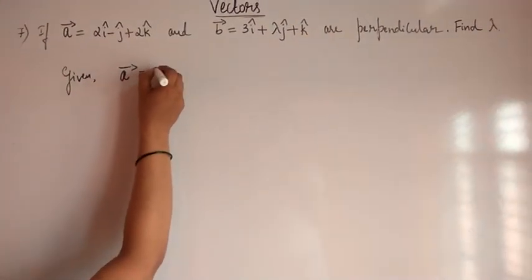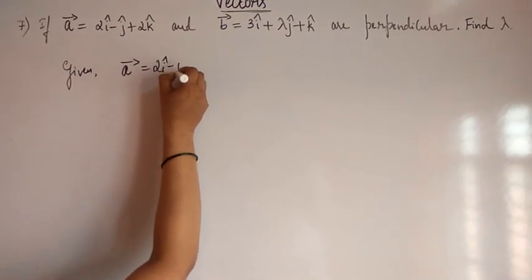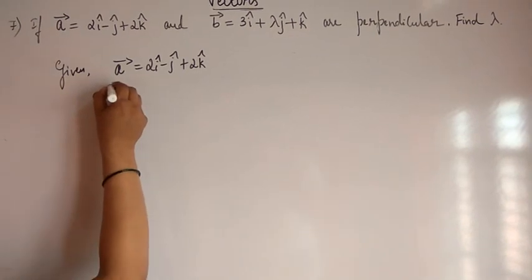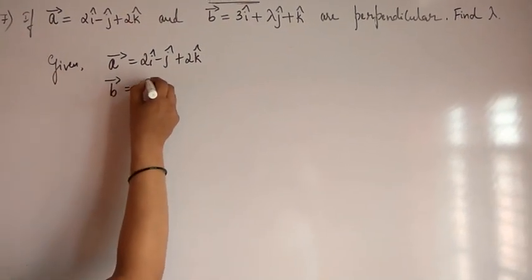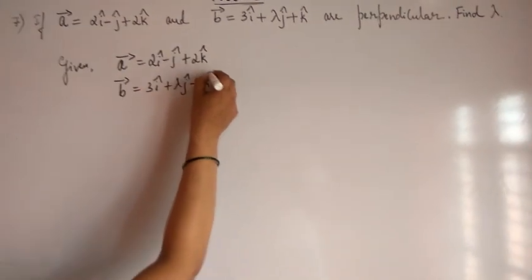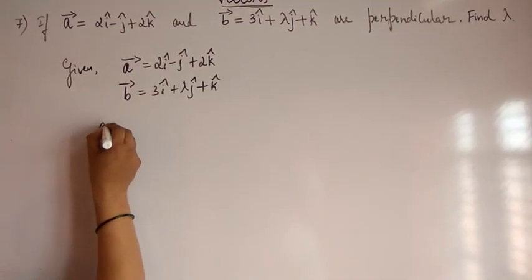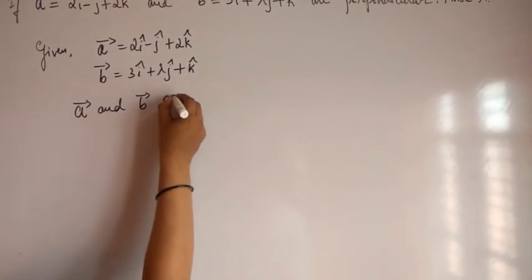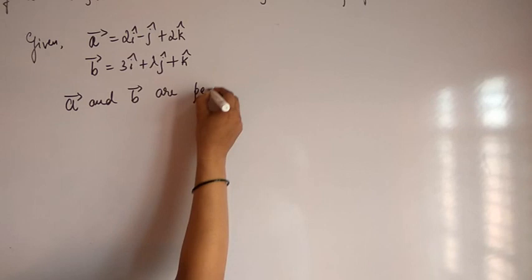Given vector A is 2i cap minus j cap plus 2k cap, and vector B is 3i cap plus lambda j cap plus k cap. Given that vector A and vector B are perpendicular.